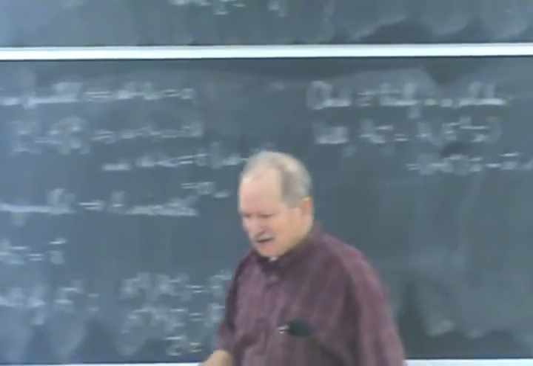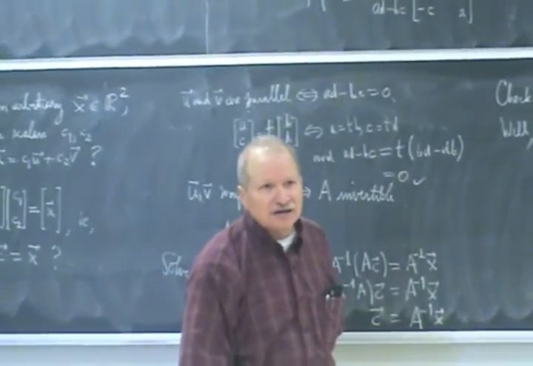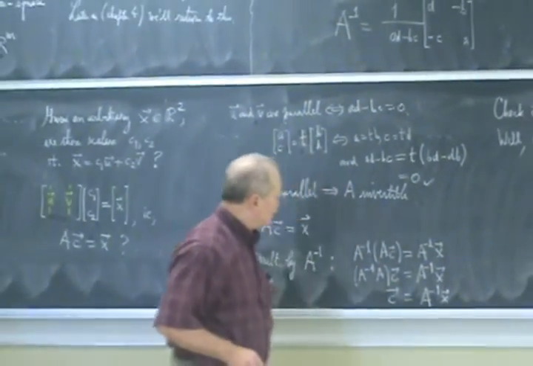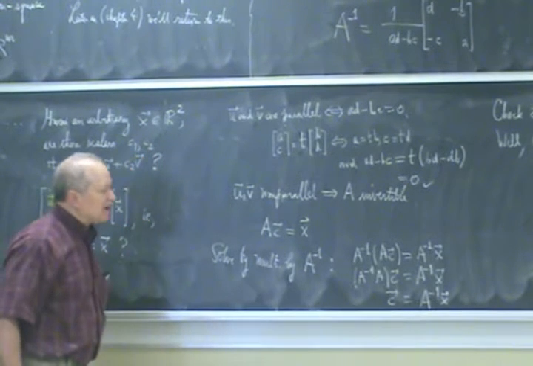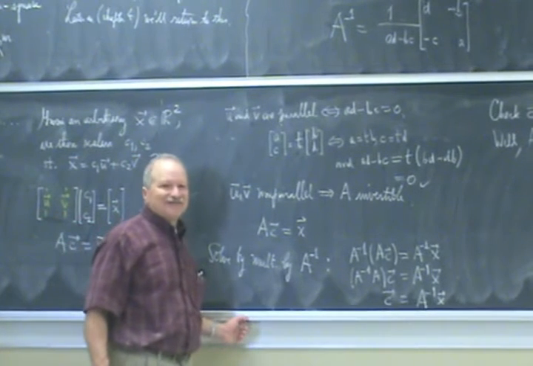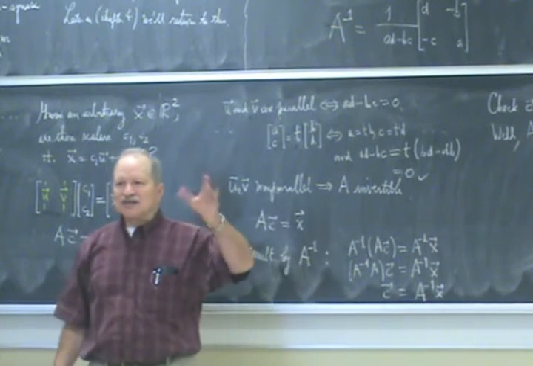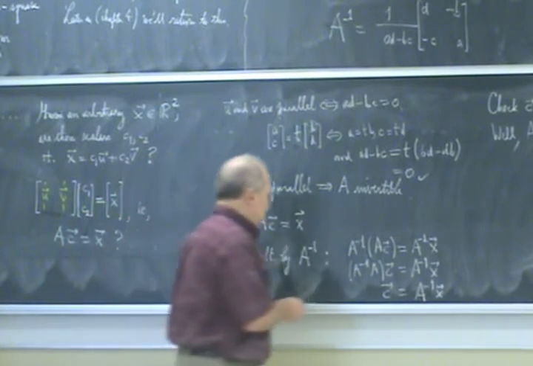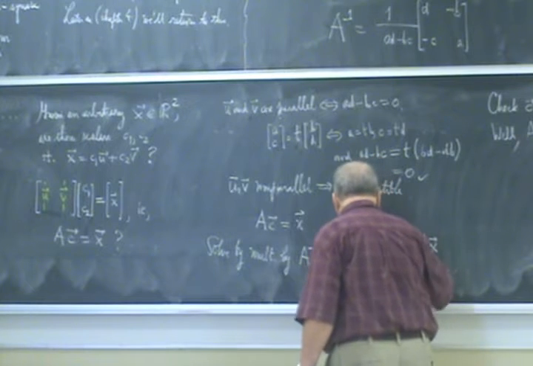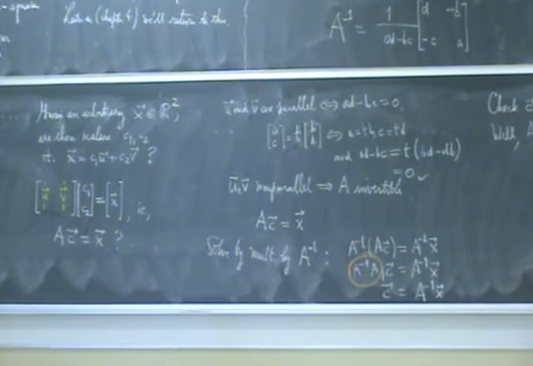So Matthias, you have a question? It just looks like the exact same thing you did to get to AC. Well, I wanted to make a point about that. It isn't. Notice I'm using both parts of the definition of A inverse. Here, I used one order of multiplication, and here, I used the other order of multiplication.